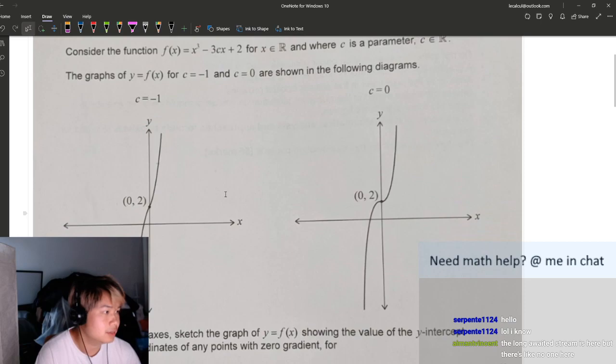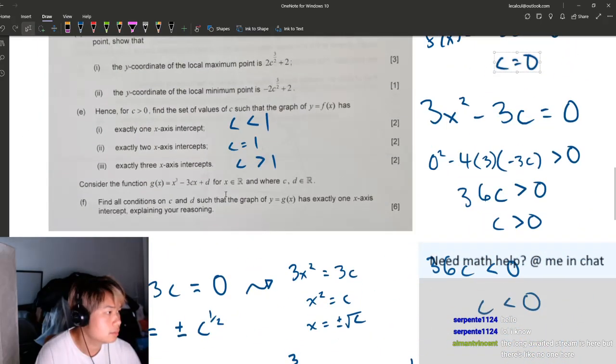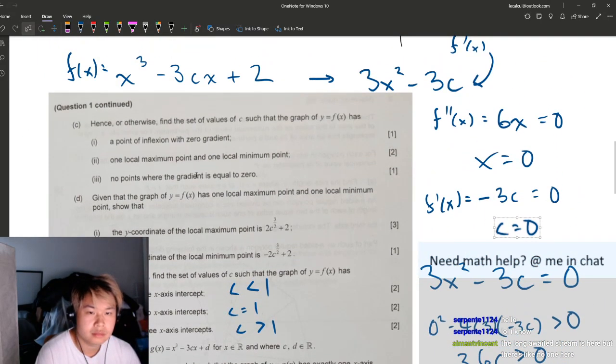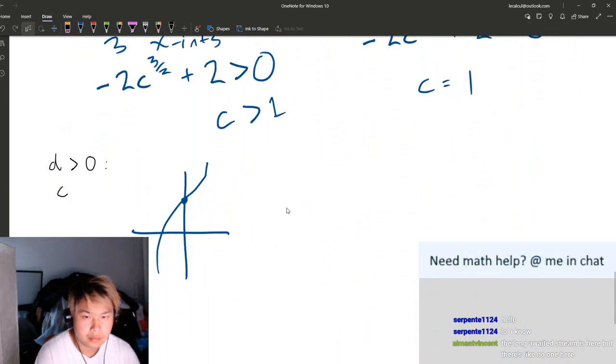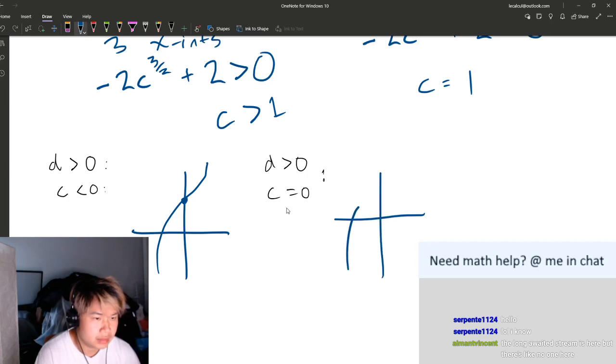Or when C is negative. So there's that one. There's when C is equal to 0. So it'll look like this.